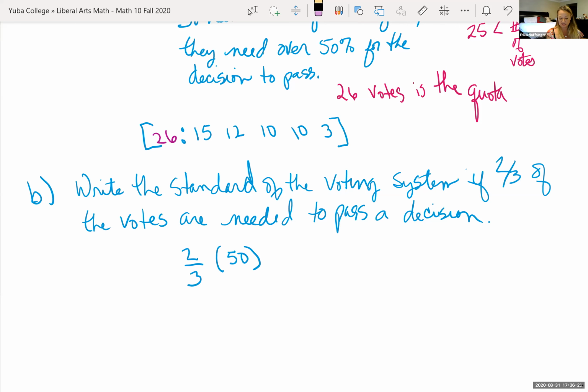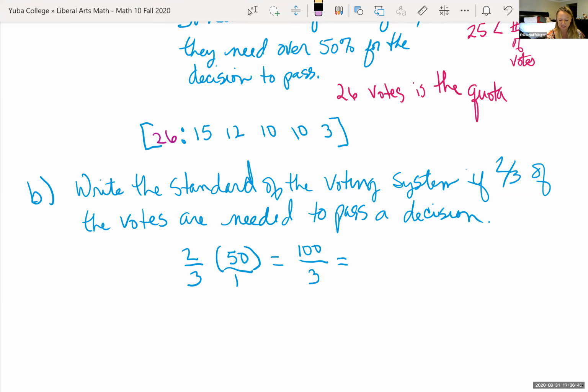Okay, so notice this isn't going to simplify. You can think of 50 as 50 over 1. 3 doesn't go into 50, don't have any common factors. Multiplying fractions, you multiply straight across. So you have 2 times 50 is 100, all over 3 times 1, which is 3. So this, that doesn't make much sense to me.